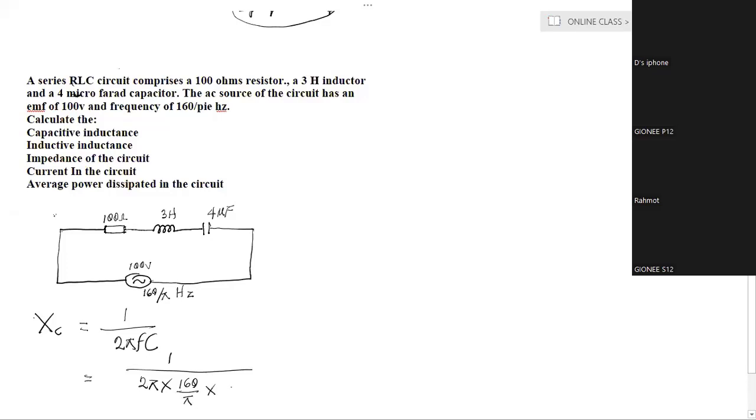times C itself, which is, oh, let me write the data out. We have R equals 100 ohms. We have the inductance L to be 3 Henry, while the C itself is 4 microfarads, which is same thing as 4 times 10 raised to power minus 6 farads.